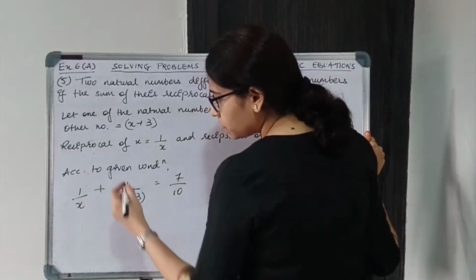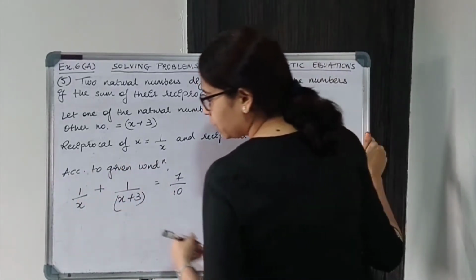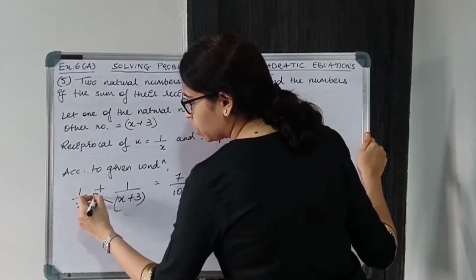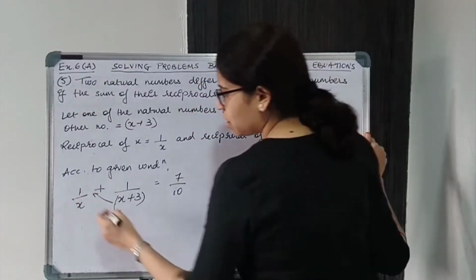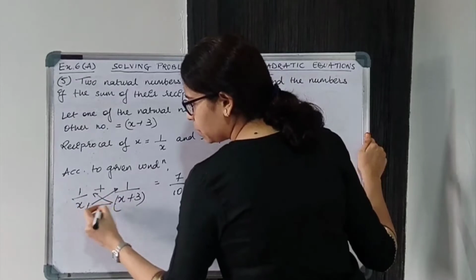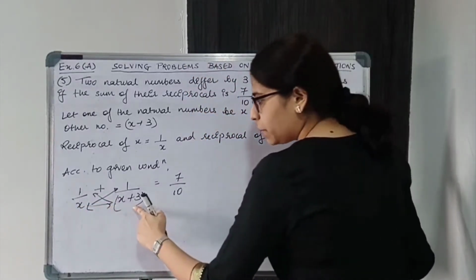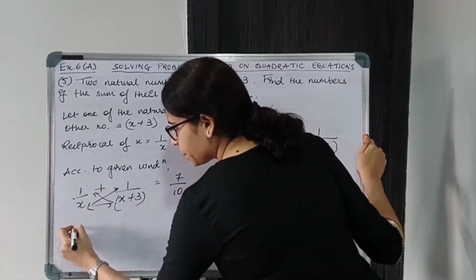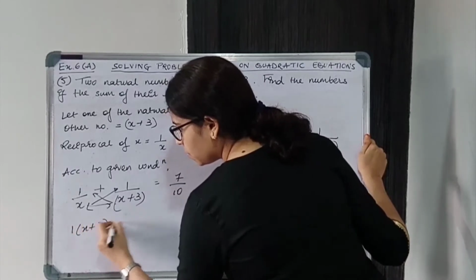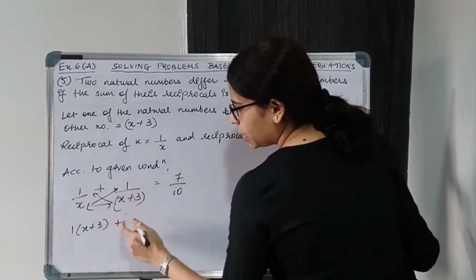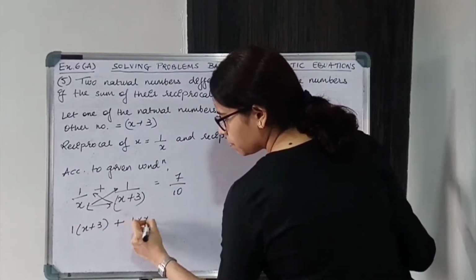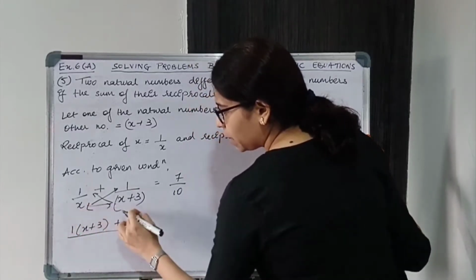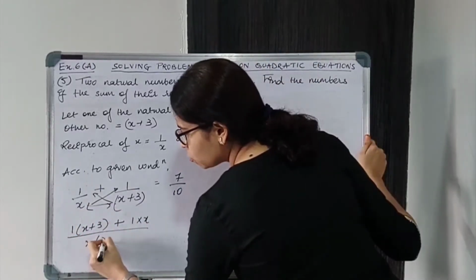Now let's cross multiply. Okay, that is basically we'll use crisscross method. Multiply this denominator with this one with this, and then multiply the denominators. So multiplying this with 1, so 1 into x plus 3 plus 1 into x, and multiplying the denominator, so x into x plus 3.